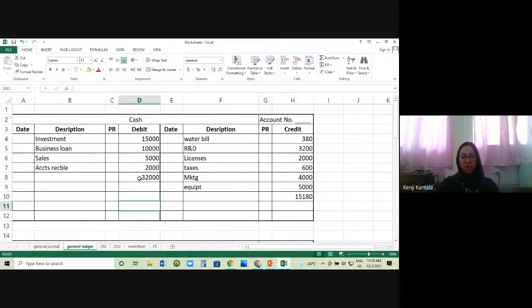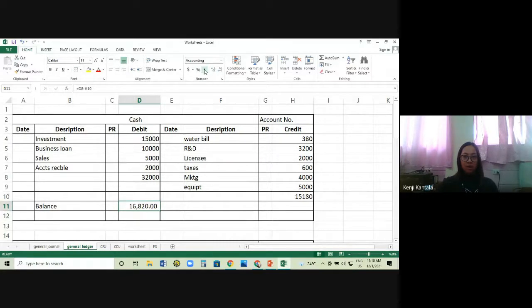So, kung saan yung mas mataas na amount, doon natin ilalagay yung balance natin. So, since mas mataas yung nasa debit side, dito natin ilalagay yung balance. So, that is 32,000 minus 15,180. So, as of the year end, we have 16,820 as a balance for our cash.